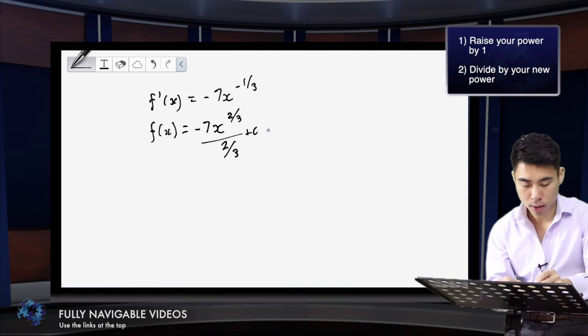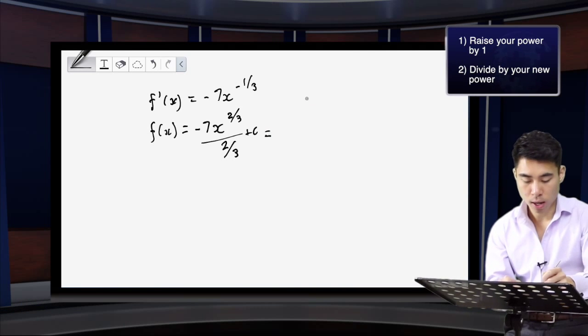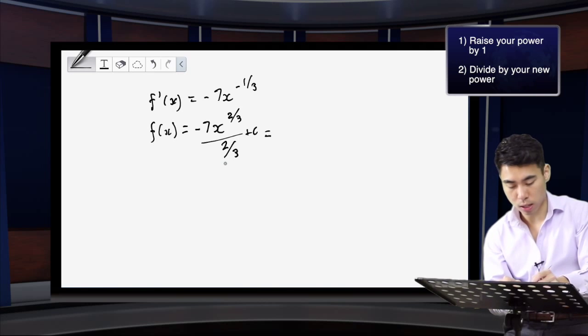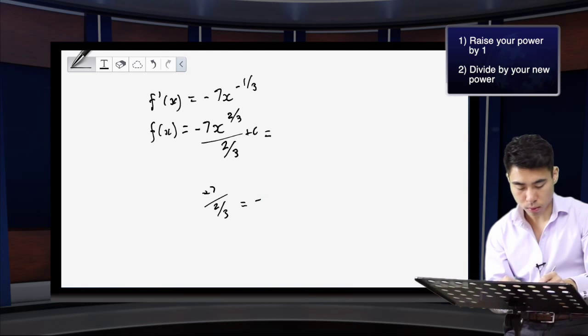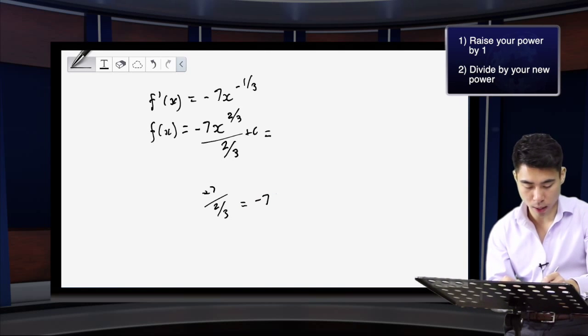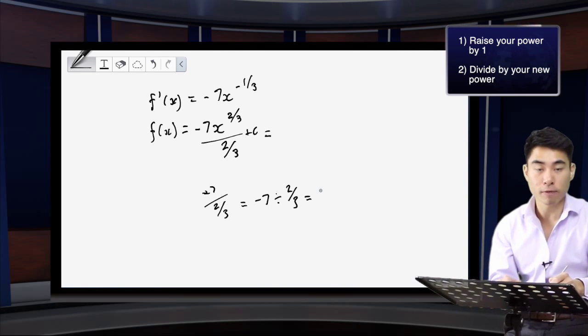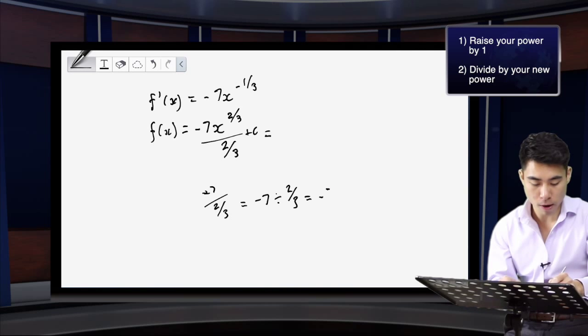Okay, so now what I have is essentially, let's look at this down here. I'm taking out this fraction, so essentially what you have is minus 7 over 2/3. We'll look at this in longhand to begin with. So essentially I have minus 7 divided by 2/3, and you know when you are dividing fractions all you do is flip over your second fraction and your division becomes multiplication, so that becomes times by 3 over 2.